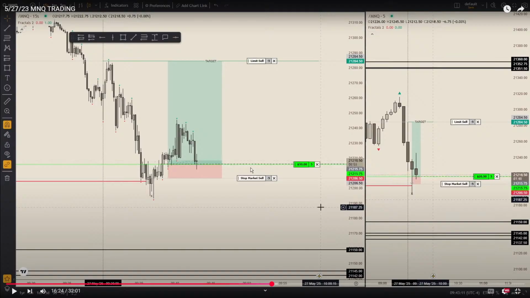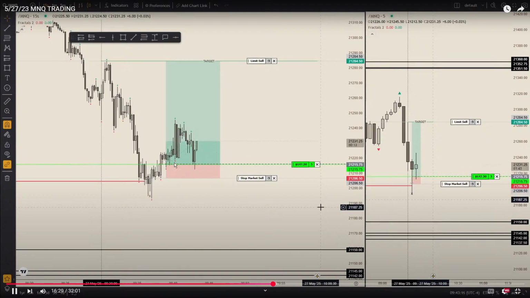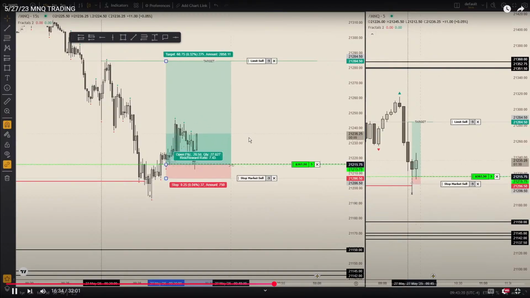It wants to find those buyers or find the imbalance that it wants to fill, make sure it's really filled through. So you can see price just comes down and retests my entry. Look, we don't even get a close below. We're still wicking through, like ICT will say, the wicks do the damage, right? But the bodies will respect. That's all I did. And you can see we just instantly start to move up here.